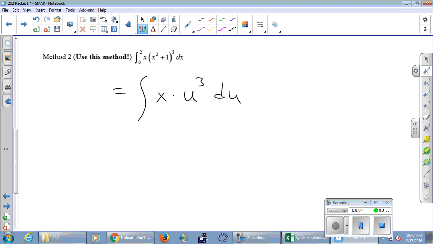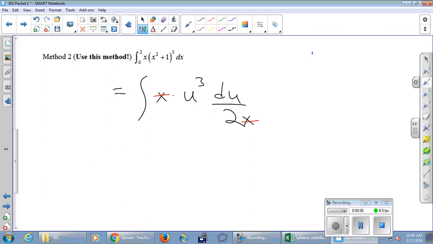And then this guy was a du over 2x. And then we crossed off the x's. And at that one moment right there, the only variable is u. Yes? This is a u integral. And so having a 0 and a 2 as the limits here are just not right. All we need to do is change them to the right values of u.